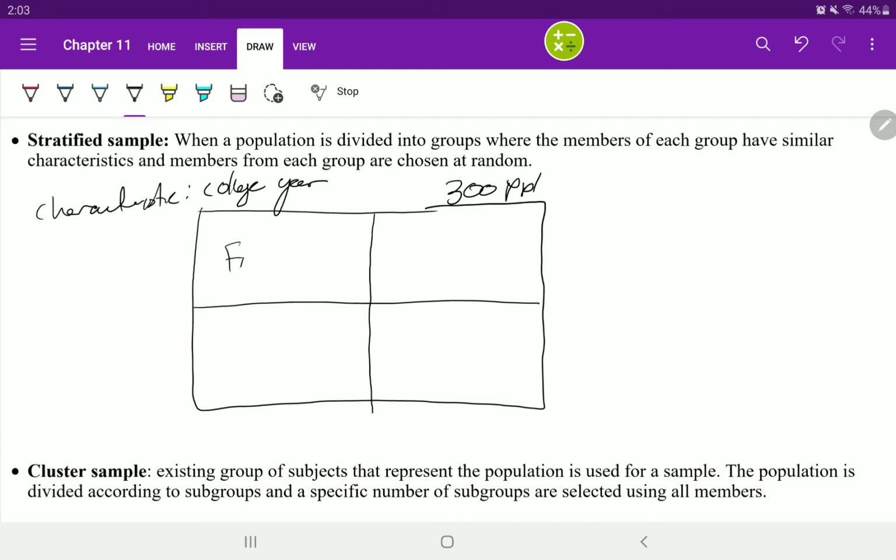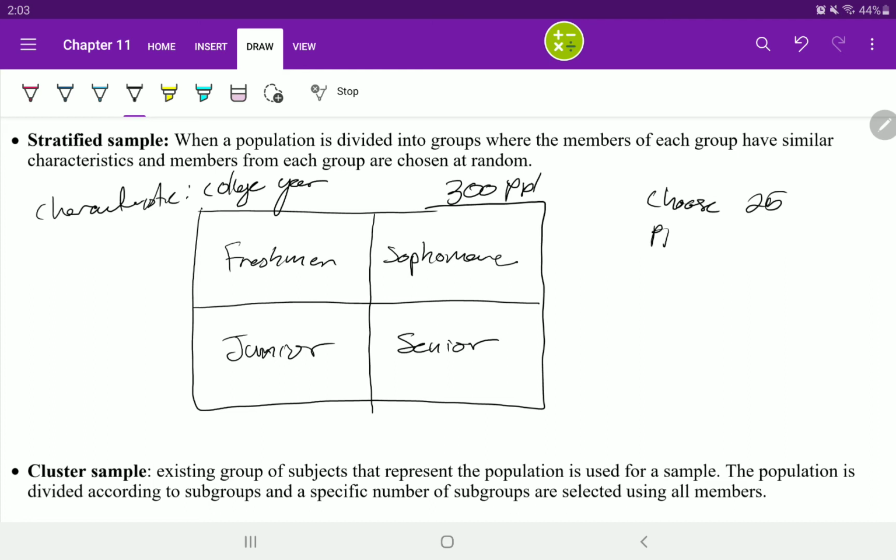That's a characteristic that those who are in college have. So you have freshmen, sophomores, juniors, seniors. And then after that, I'm going to choose 25 people at random from each group.